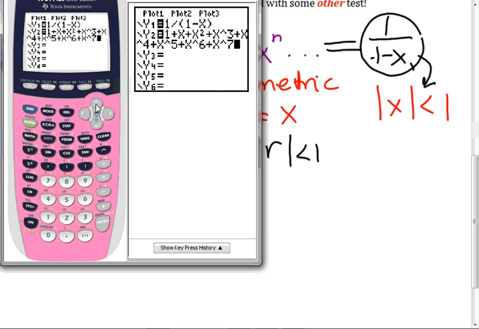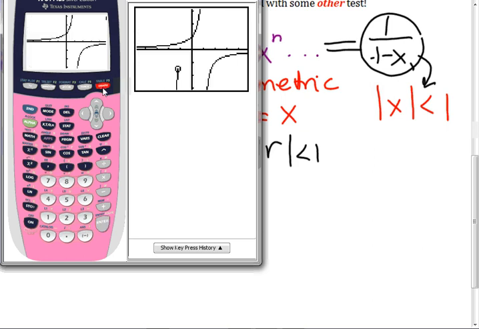Okay, so I'm going to change this so we can see it graphing it. Oh, let's do the circle trace. It's a little slower, but there it is. Graph. Okay, it's not going to match in the beginning, but it does match between negative 1 and 1.